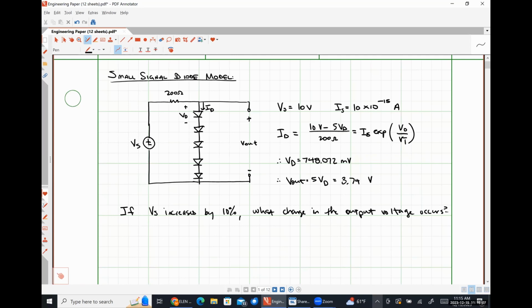This should be fairly easy to figure out because all we need to do is replace this 10 volts right here with 11 volts, right? Everything else is literally the exact same.